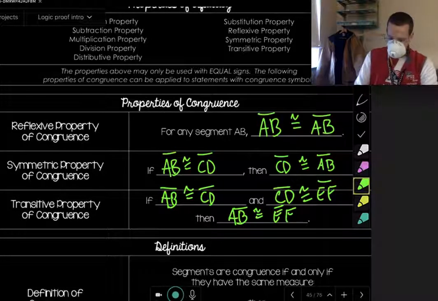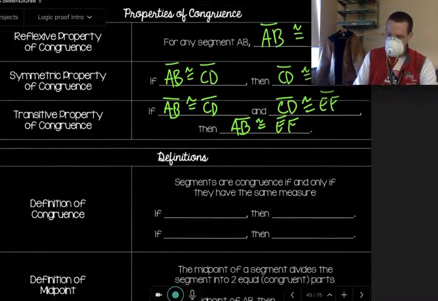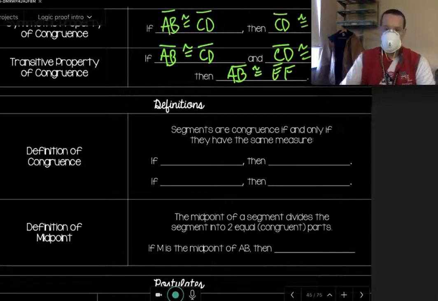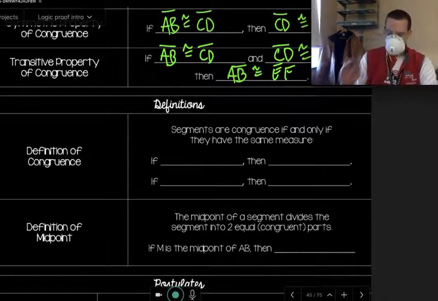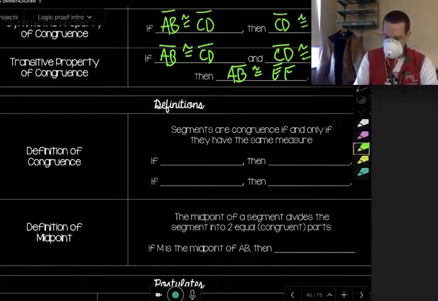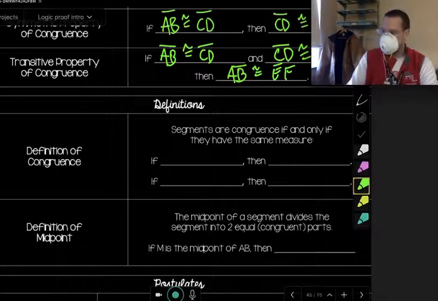And just remember that not only do we have these different properties of congruence, but we also have definitions. Now, the definition of congruence is biconditional. So this is an if and only if statement, or you could say a conditional and a converse.